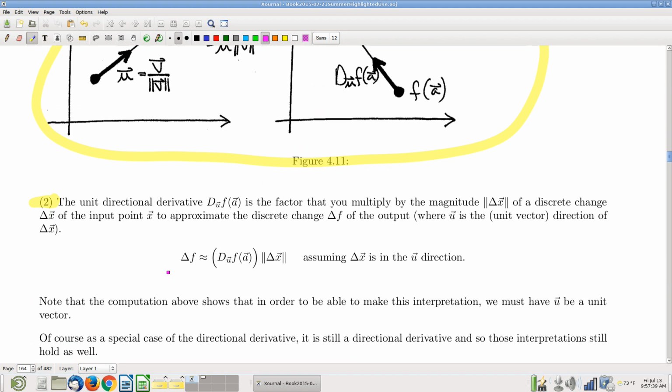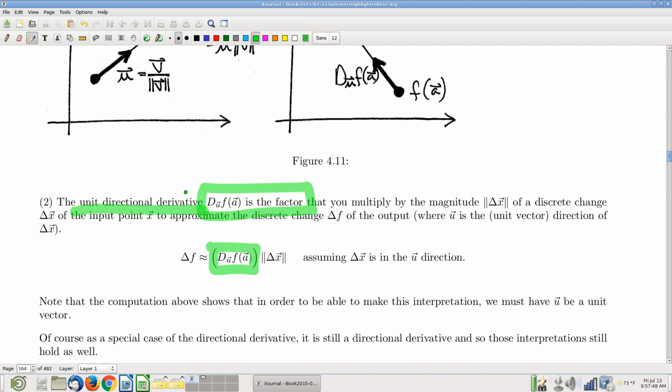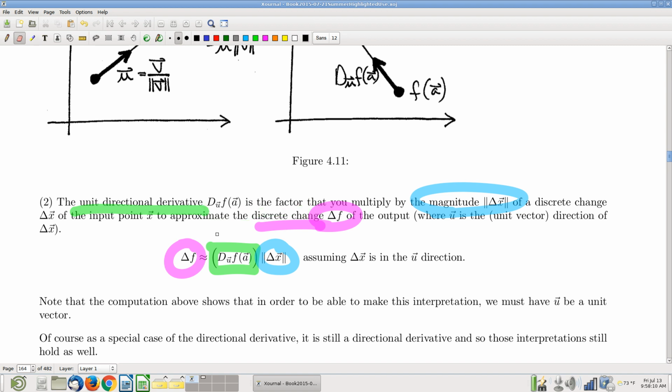Analogously, it is the factor that you multiply by an input jump. Well, the magnitude of the input jump, to get the output jump. Linear approximation of the output jump. So this is an approximation. It's not exact, a lot like the single variable derivative.